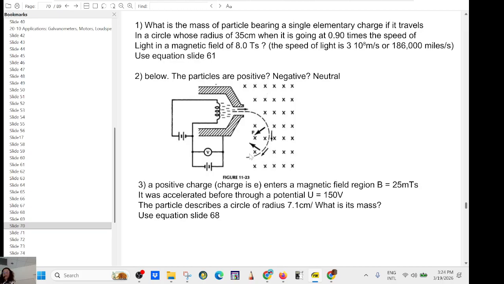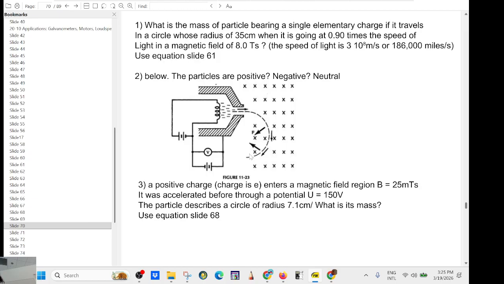So let's see. First, from test number 2, Q times the voltage, your 150 volts, gives you the increase in kinetic energy.